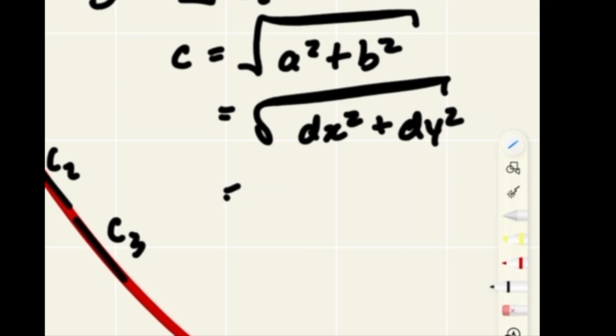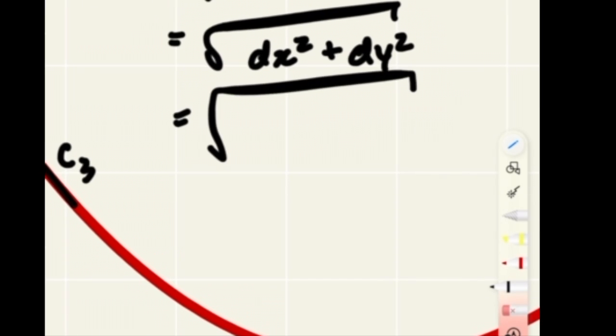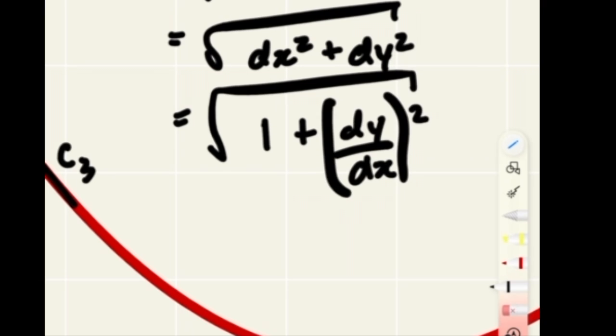Now we can simplify this a little bit by pulling the dx out. So if we pull it out, it's the square root of 1 plus (dy over dx) squared, times dx. So I kind of did two steps there: I pulled it out and then also pulled it out of the square root.